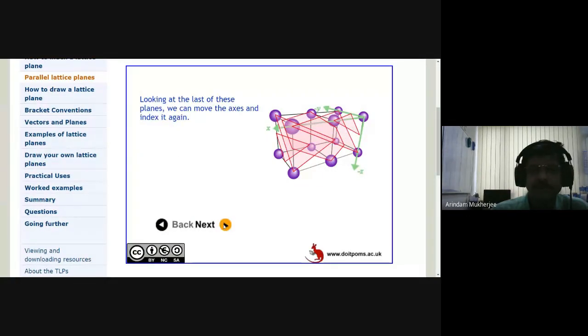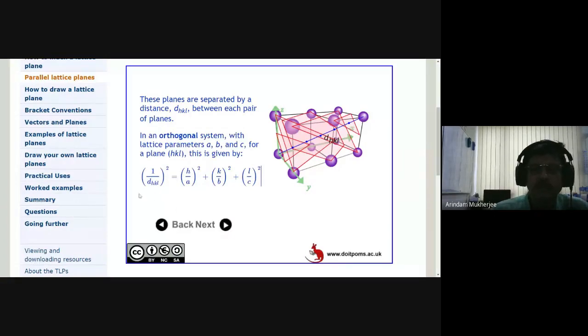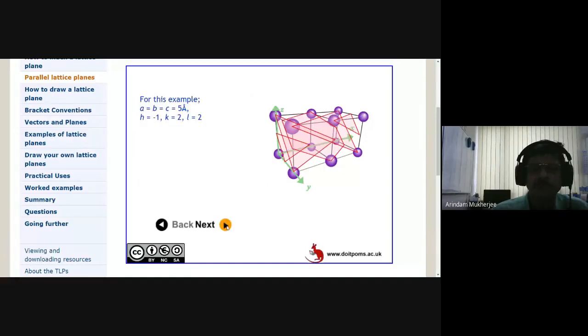I repeat. 1 by d_hkl square is equal to (h by a) square plus (k by b) square plus (l by c) square, where h, k, l are the Miller indices and a, b, c are your three axes in the Cartesian coordinates, which is the same as x, y, and z. d_hkl is the distance between the planes. When you solve this, you ultimately end up with 5 by 3 angstrom. That is the value. Fine.